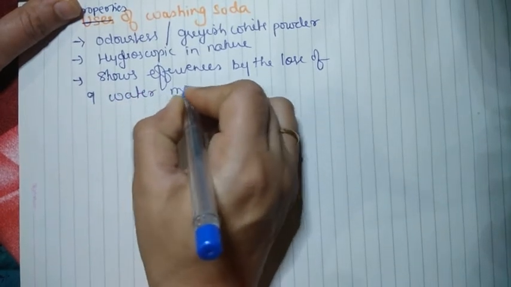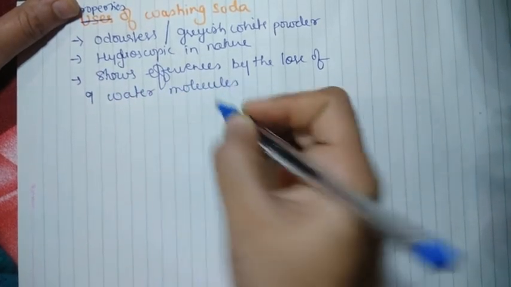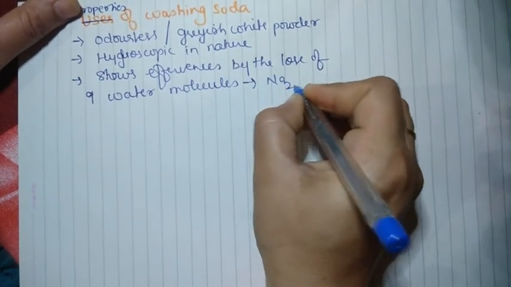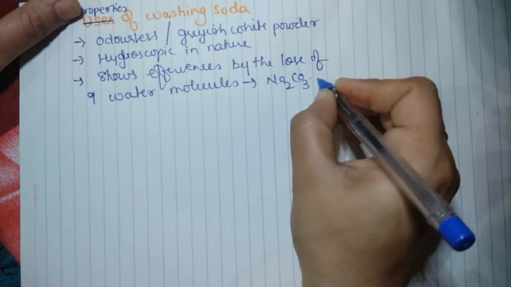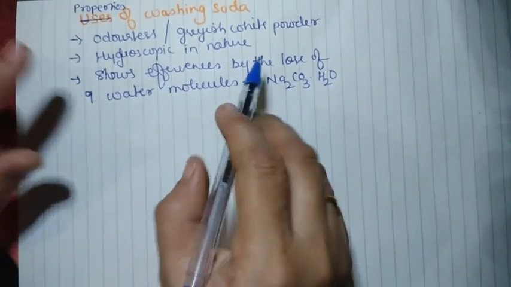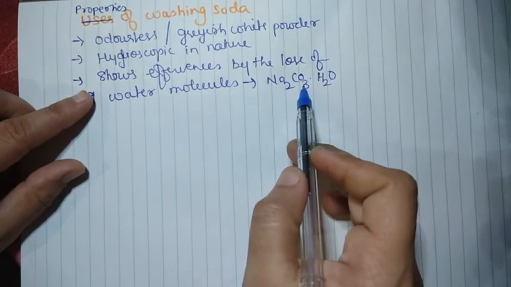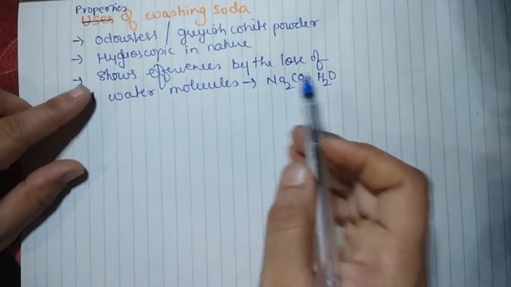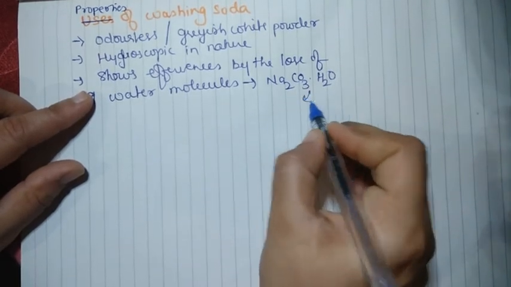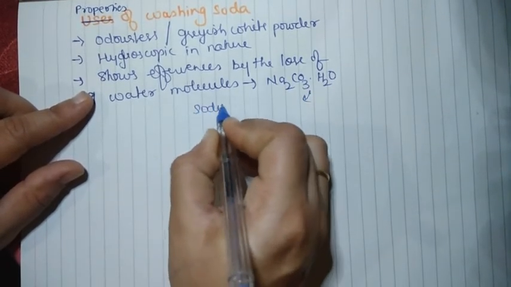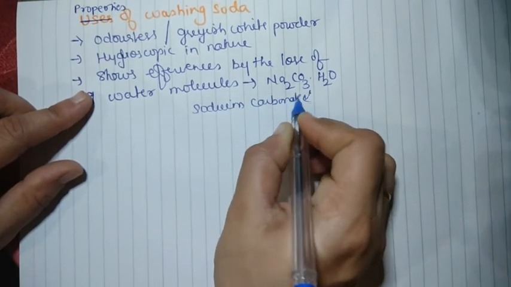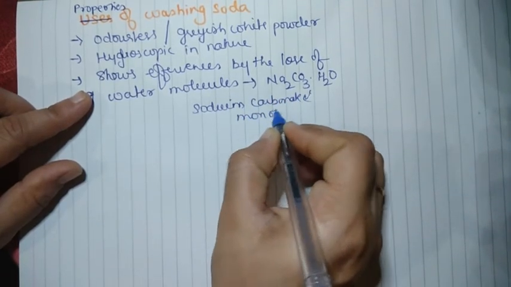It will be forming a monohydrated compound, that is Na2CO3 dot H2O. Why? Because from 10 water molecules, only 9 have been lost and only 1 remained. So we can say that this is a sodium carbonate monohydrate which is formed.